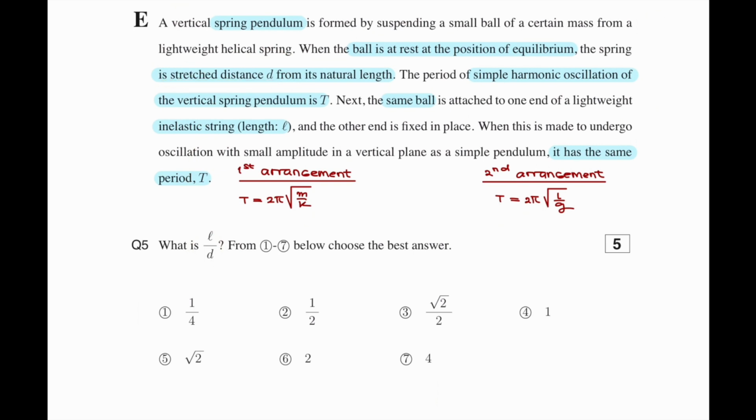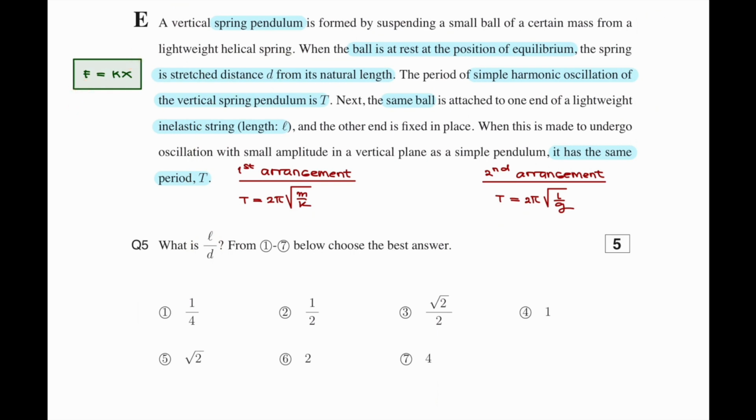If we talk about a spring, I have the formula force equals k times extension. F is force, k is the spring constant, and x is the extension.